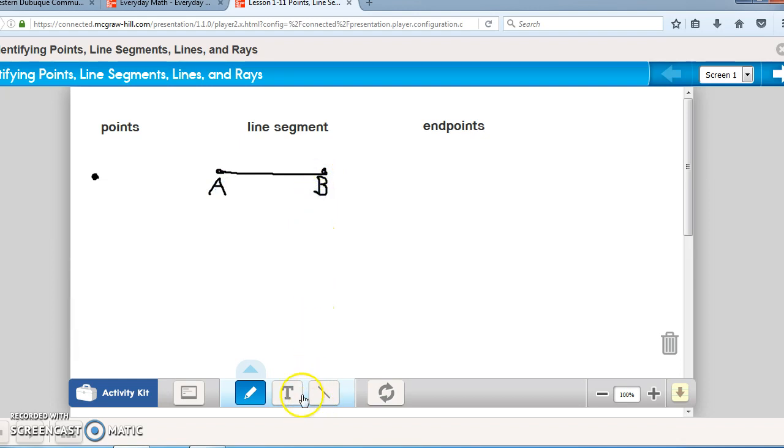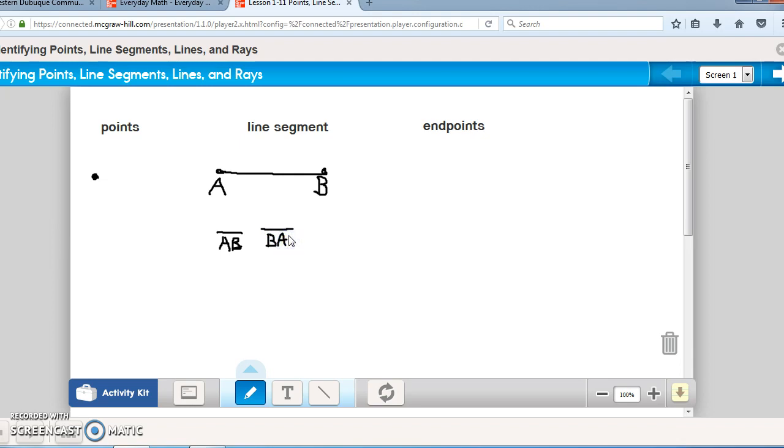And if I asked you, what could we name that line segment? Well, you would draw this short line segment, and it could be called line segment AB. Now remember again, this represents a line segment. It could be line segment BA.